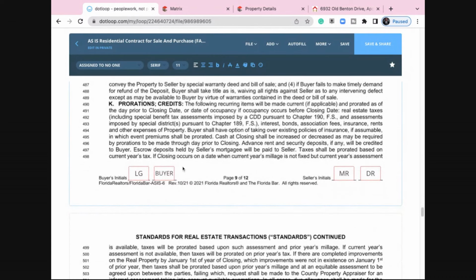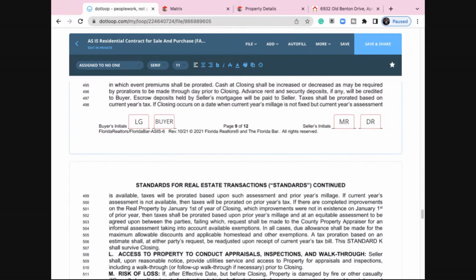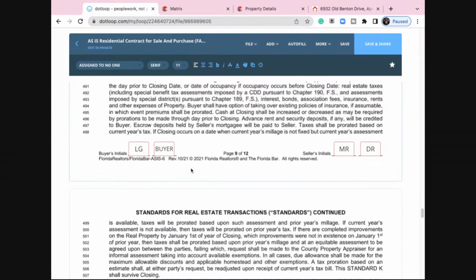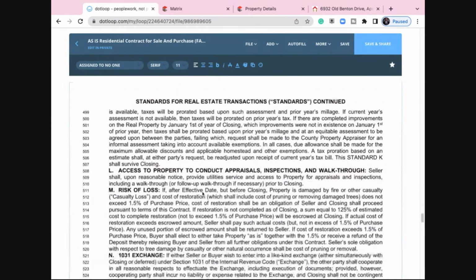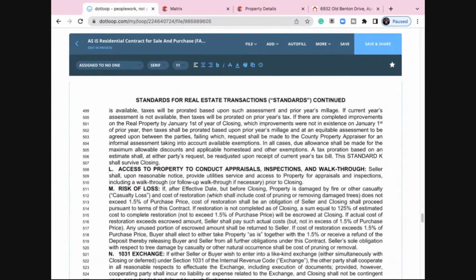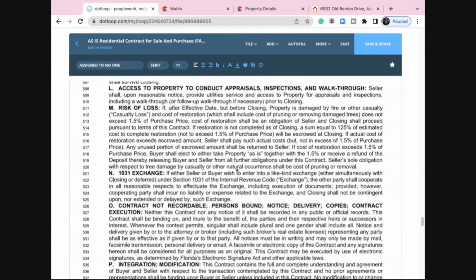Again, most of the time the title company is handling this part, and they are providing, the title company or a lawyer that is doing the closing, provides you with a closing statement, which would have your prorates and what each party would do. Okay, access to the property to conduct appraisal, inspection, and walkthroughs. Yes, the seller has to provide it.